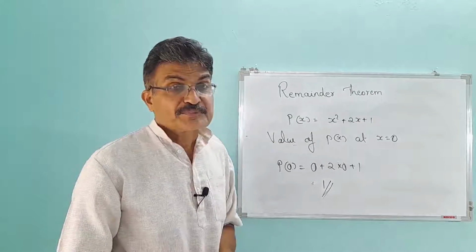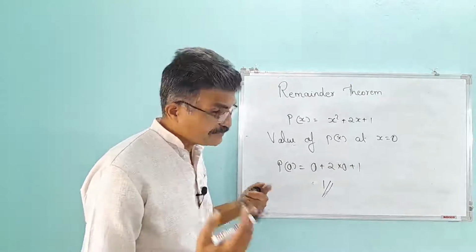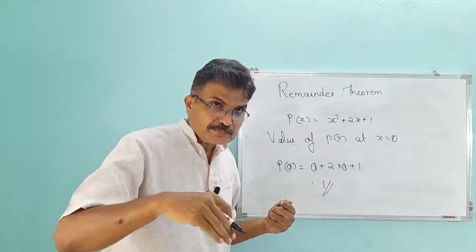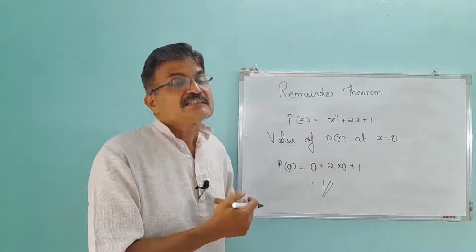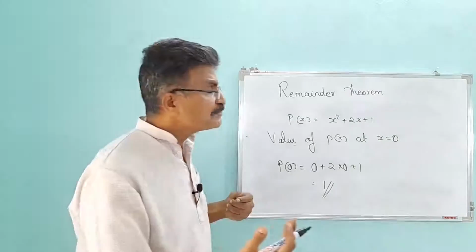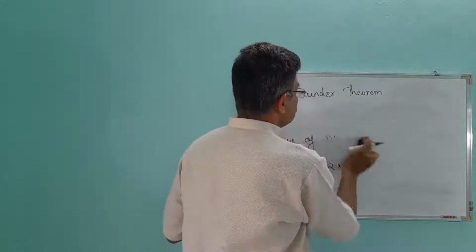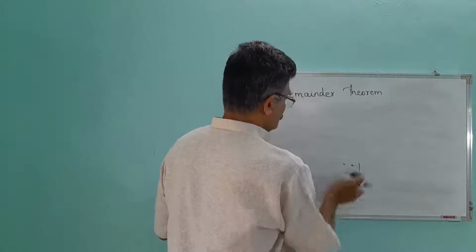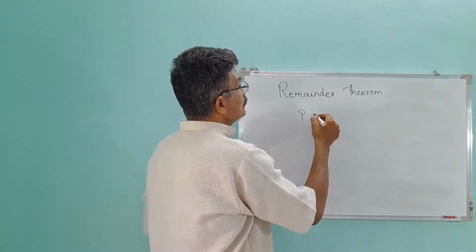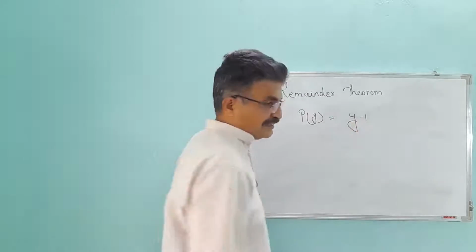The next concept, zero of the polynomial. Zero of the polynomial means the value of a variable for which this polynomial turns into 0. That this polynomial becomes 0. Let's call it the zero of the polynomial. So consider a polynomial p(y) is equal to y minus 1.